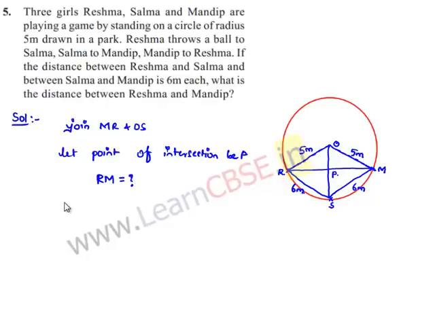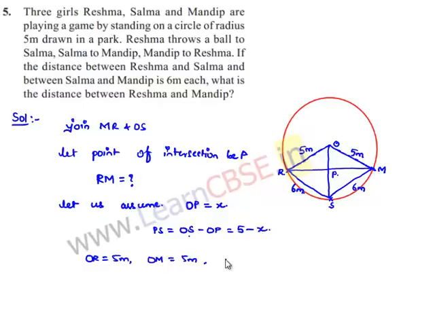In order to prove that, let us assume OP is equal to X. Then PS becomes OS minus OP, and OS is nothing but the radius 5, minus OP which is X. Here we have been given the dimensions that OR is equal to 5 meters, OM is equal to 5 meters, and RS is equal to 6 meters, and MS or SM is equal to 6 meters.